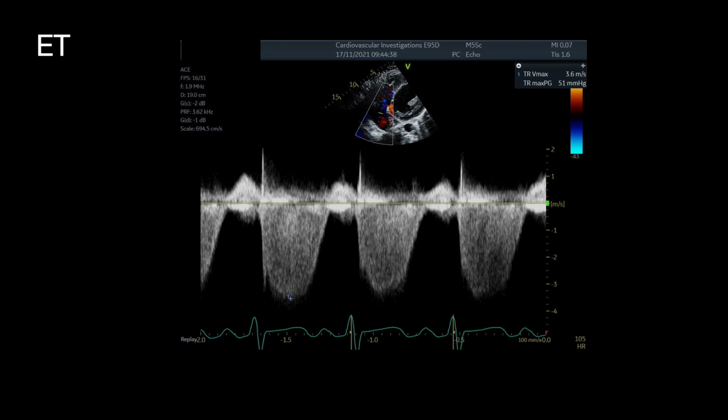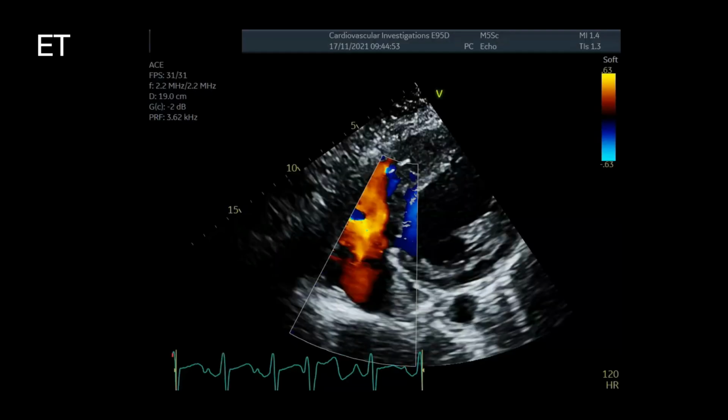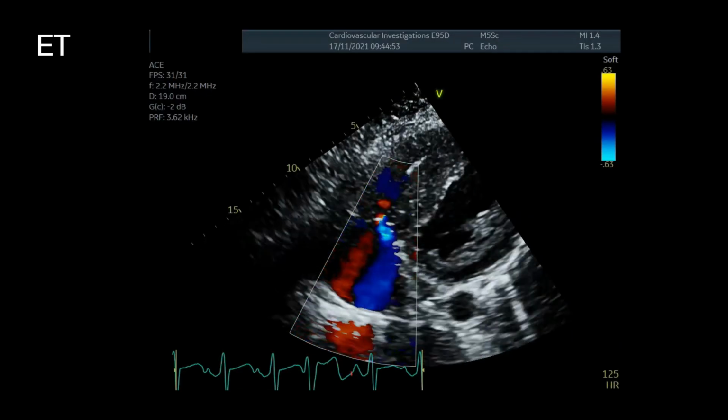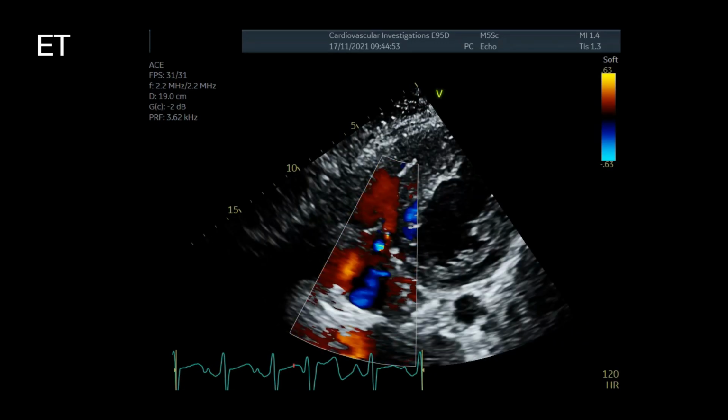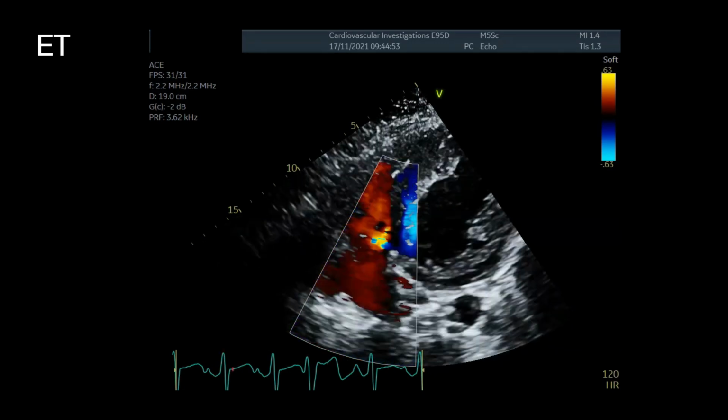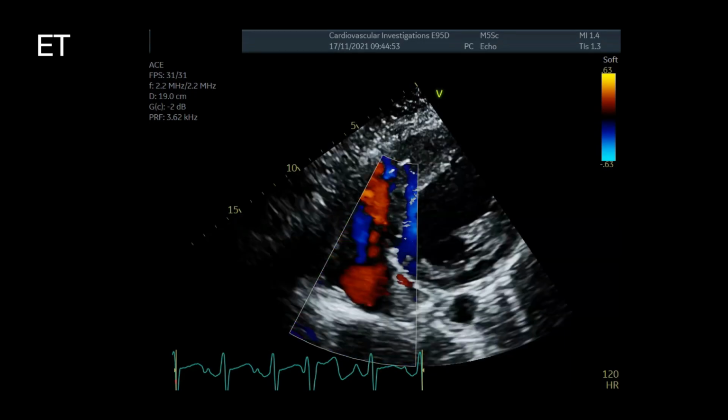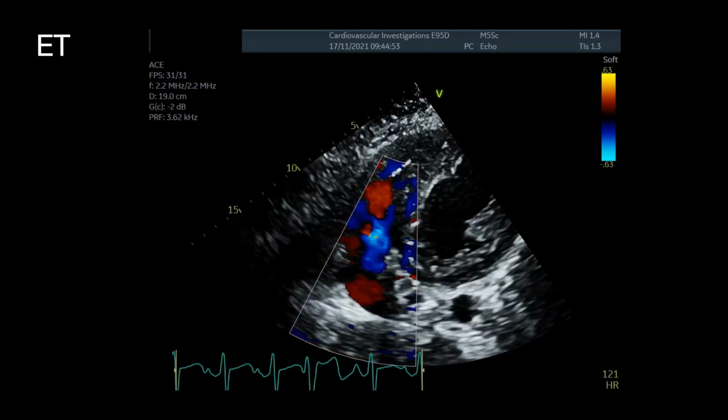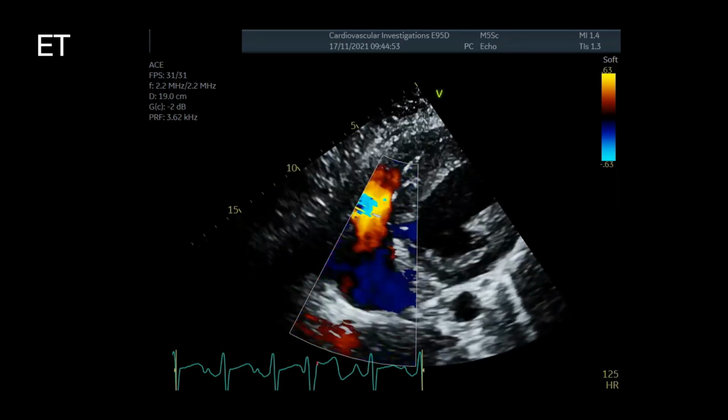And the TRV max has been measured again, and it remains elevated, consistent with previous measures, at 50 millimeters of mercury. And again, the sonographer's just really trying to optimize that TR jet as best they can, and repeating the measurements to ensure consistency.